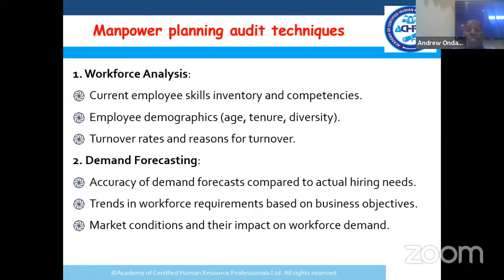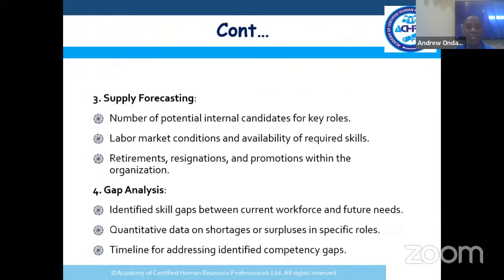So as HR managers, demand forecast is a key component because this will tell us the number of people and the quality that we are likely to require in the future. Then based on these two aspects, that is workforce analysis and demand forecasting, then we are likely to identify gaps.